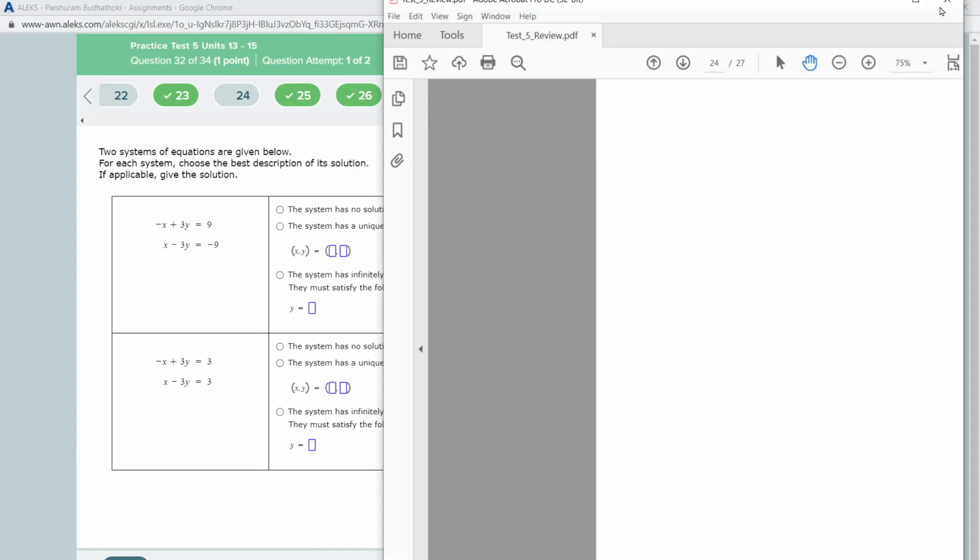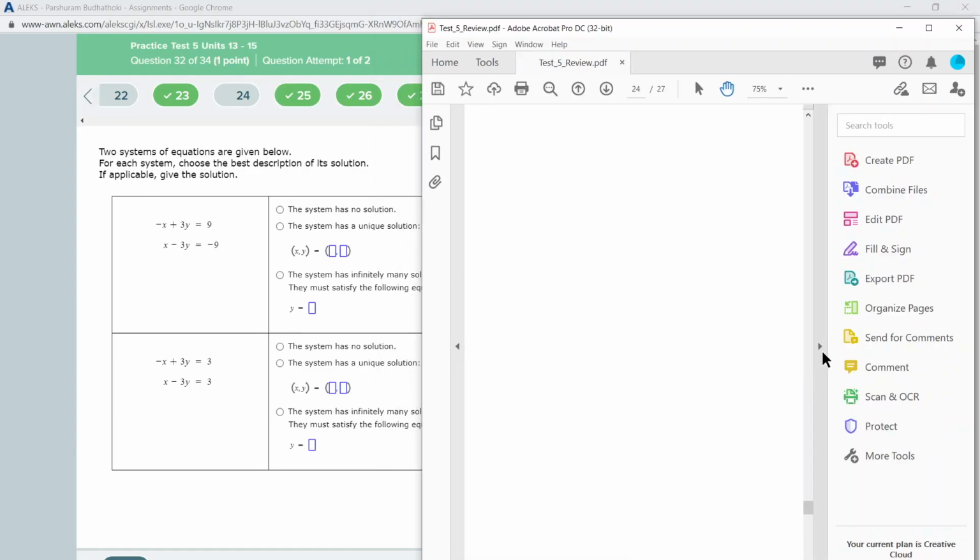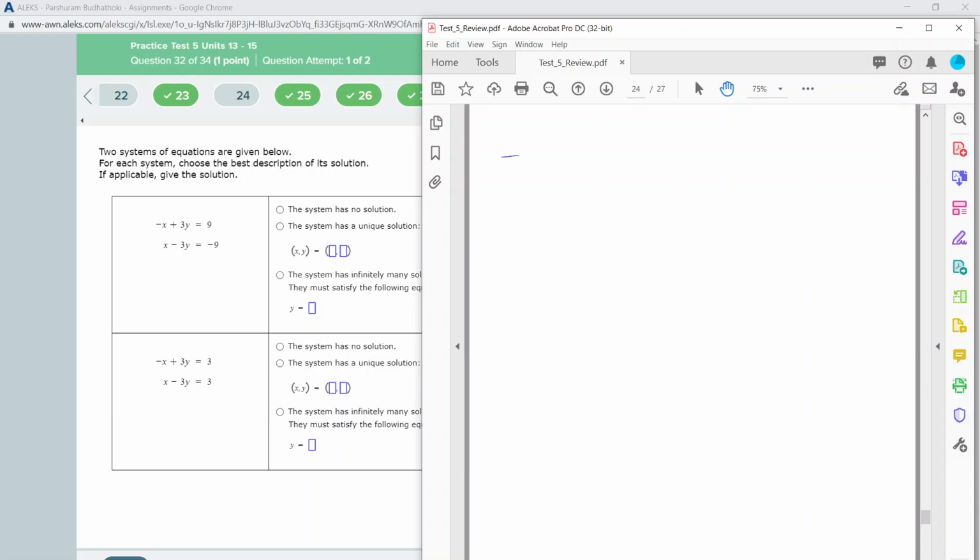Okay, so here you can see that for the first one, negative x plus 3y equals 9, and positive x minus 3y equals negative 9. This is problem number 32. If I add these two equations, the only difference between equation 1 and equation 2 is if I multiply equation 2 by negative 1.